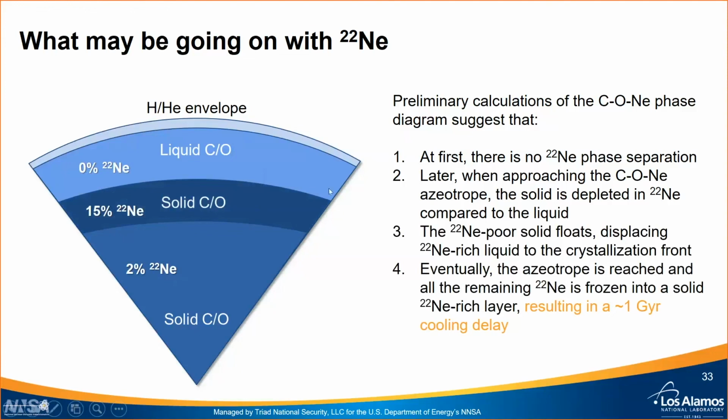So what we've done here is that we've effectively taken all the neon that was in the liquid part of the core, and we have pushed it down into a thin layer at 2/3 of the white dwarf structure, and this, of course, releases gravitational energy, and this accounts, from our preliminary calculations, for another cooling delay of about 1 billion years.